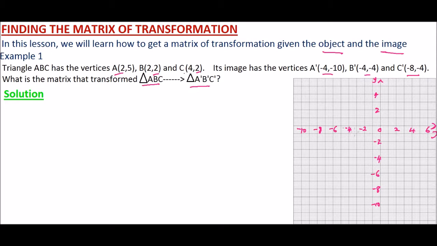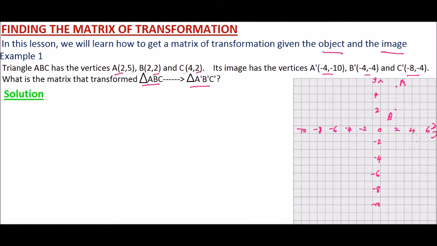Our A is (2, 5), so we take 2 there, our 5 is there, so that is where we have our A. Then we have our B, it is (2, 2), so this is where we have our B, which is our second point.